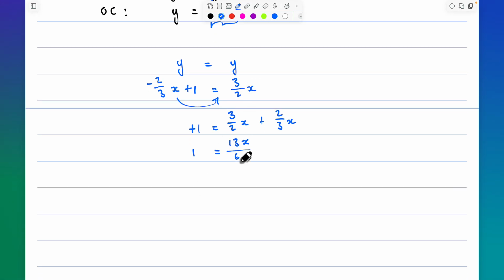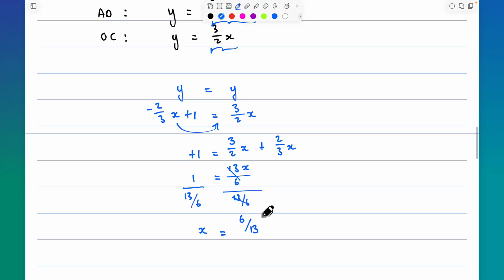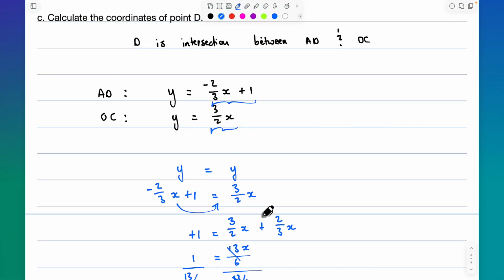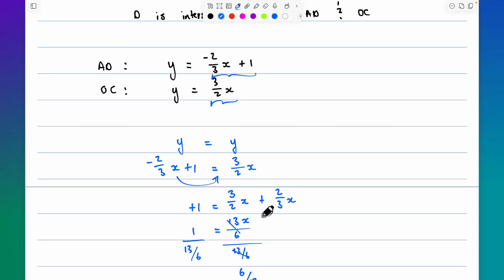So we divide both sides by 13 over 6. It's going to cancel on this side. So now what you have left is x is equal to 6 over 13. Not the prettiest answer, but as long as the answer is correct and you can see the procedure that we're following, we are good to go.